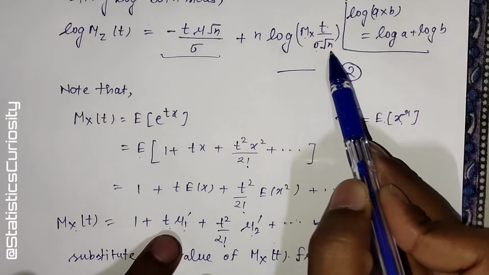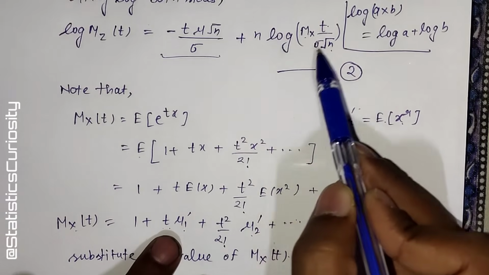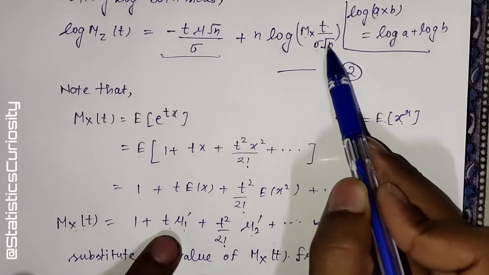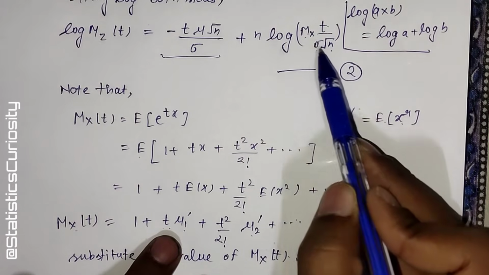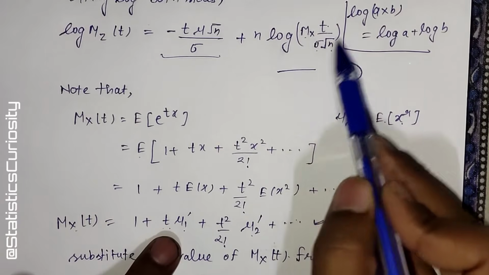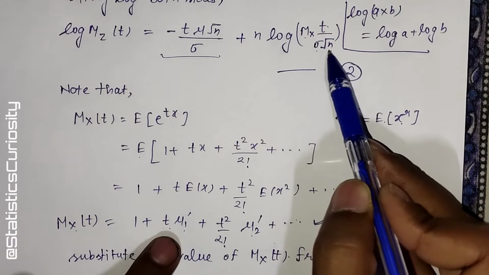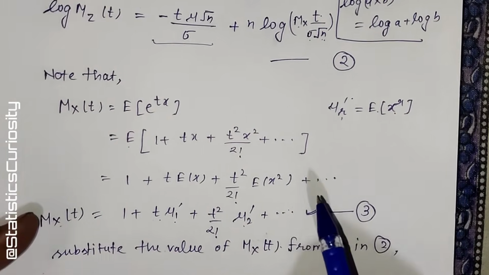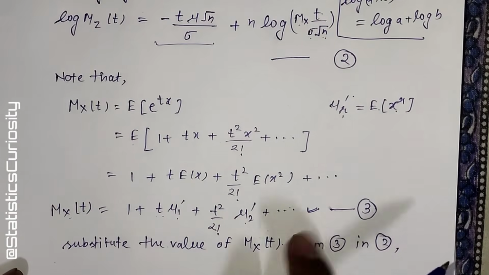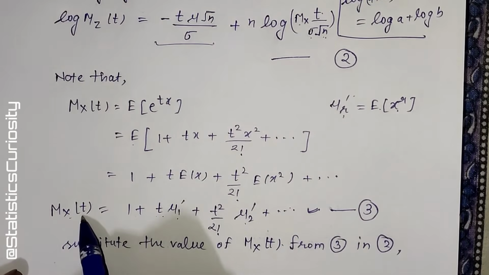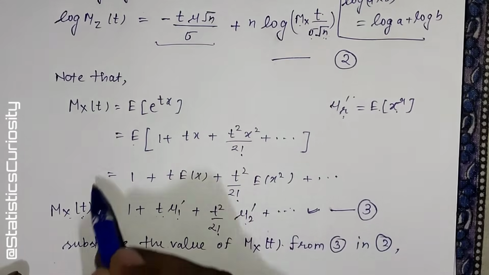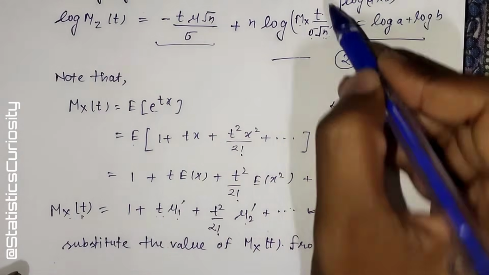So we will substitute 1 plus t divided by sigma square root of n mu 1 dash plus t square divided by sigma square n mu 2 dash and so on, taking t divided by sigma under root n in place of t.